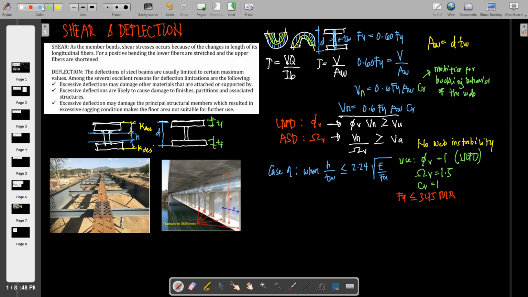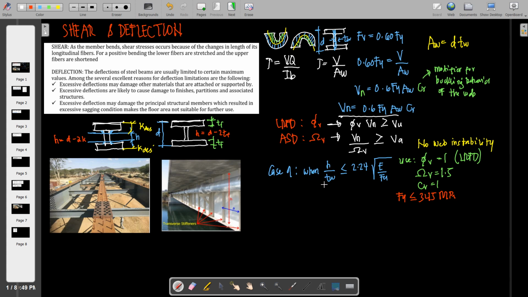Therefore, H is calculated as depth minus 2 times thickness of the flange. While in here, H is equal to the overall depth minus 2 times K. Say K here is a design distance from the toe of the fillet up to the other side or the lower side of it.